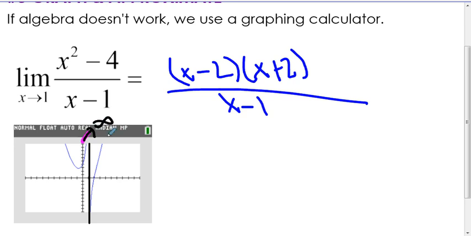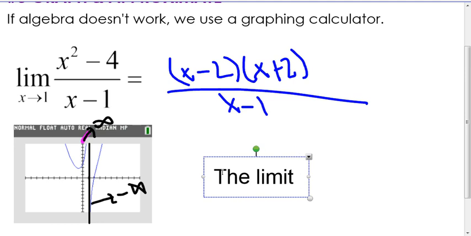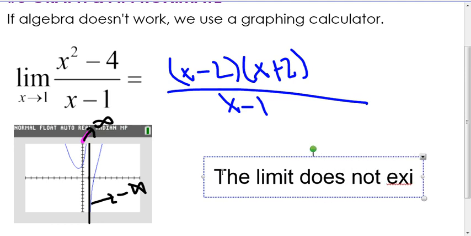This was approaching infinity. This piece here is approaching negative infinity. So this limit does not exist. Please tune in for the next video for why this does not exist.